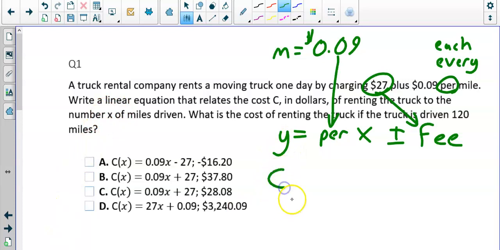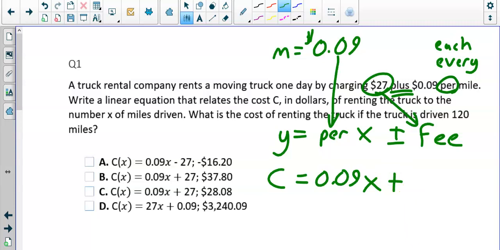So C is equal to, what's the per? What's our slope? 0.09 x. And then it says how we know it's a plus or minus right here. It says plus. So which one are we going to choose? The plus. And then what's our fee?